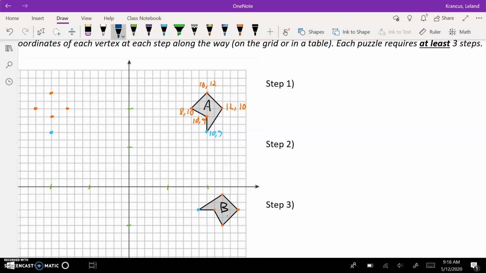And hopefully I've done this right. Okay, it's a little bit messy, but close enough. So now I've got a reflection of that shape. I'll label all of my coordinates so I can keep track of where things are.